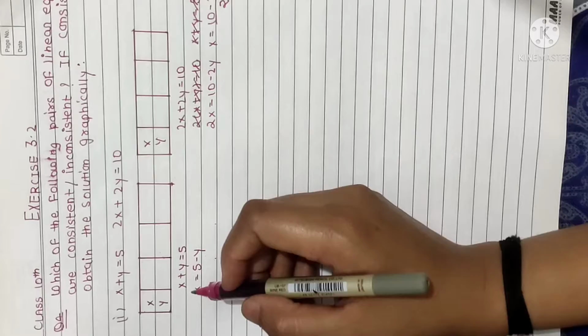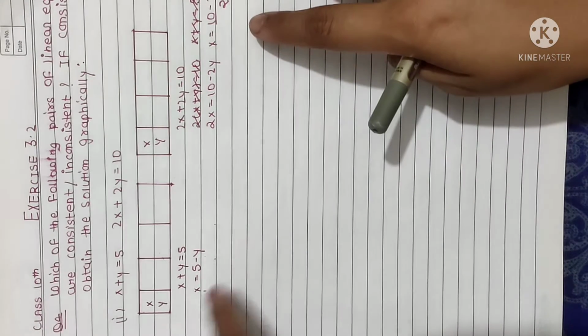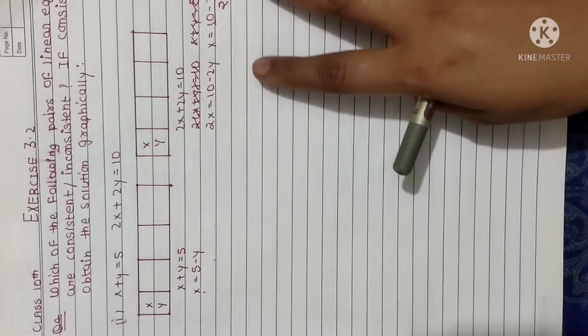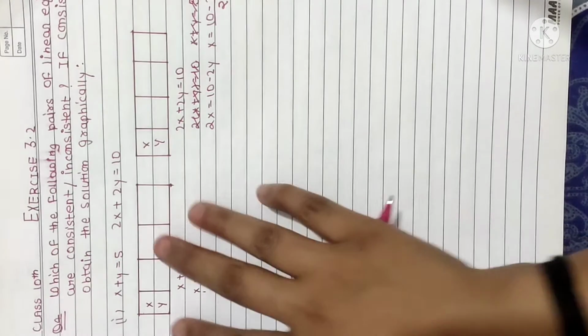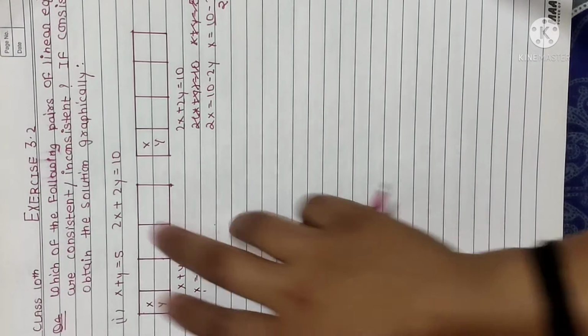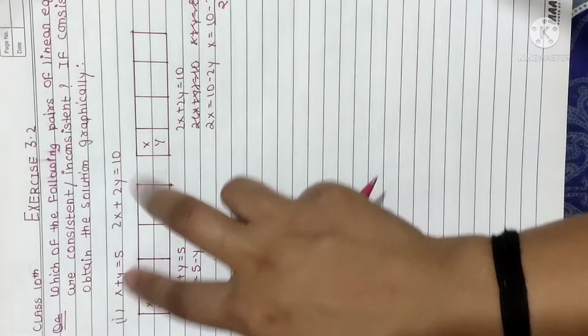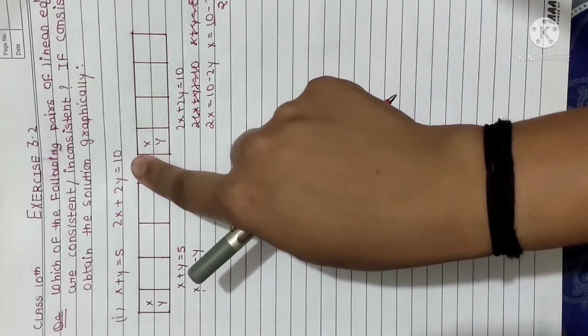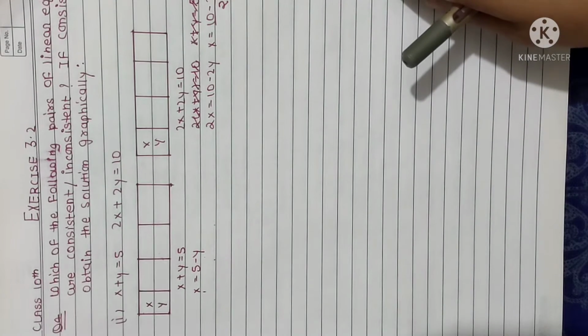So see, if you have a good approach to equations, and you understand the concept, then by merely seeing here you can tell that both equations, x plus y equals 5 and 2x plus 2y equals 10, are the same.